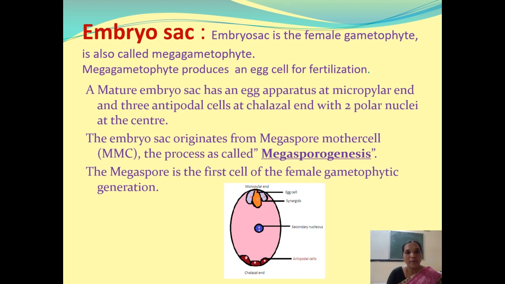A mature embryo sac has an egg apparatus at the micropylar end and three antipodal cells at the chalazal end, with two polar nuclei at the center. This is the structure of embryo sac.